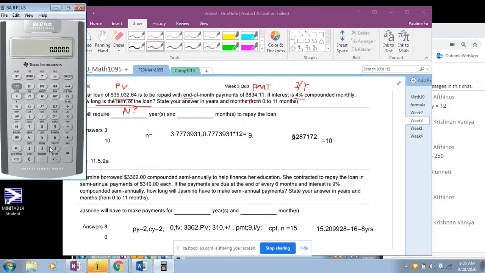Now enter the numbers: 35,032.64, this is present value PV. And 834.11, that is negative PMT. 0 is FV. And then 4 is IY. Compute N.